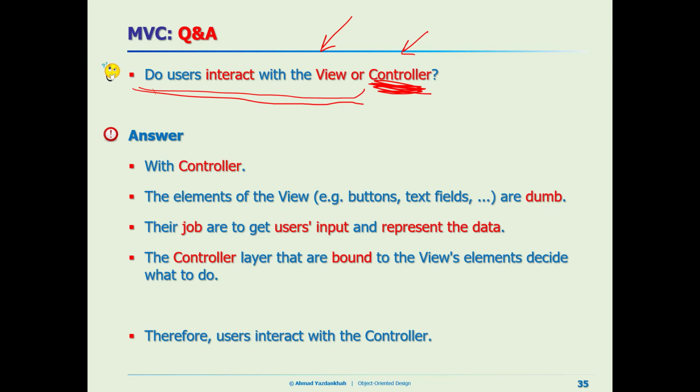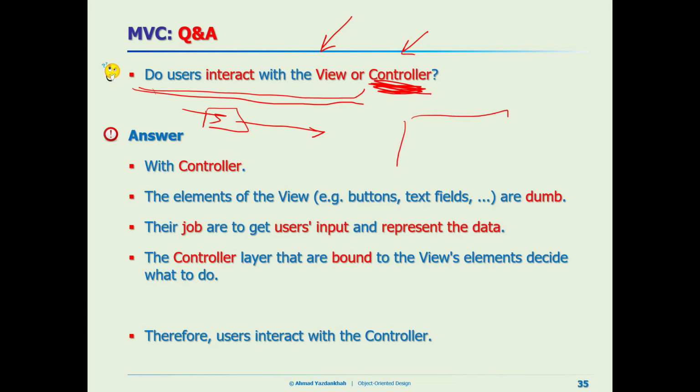So the controller's job is to decide what to do with that data that comes from, let's say, the browser, for example. If you push on a button, right? So if you push on this, it will be sent to the controller as an event.